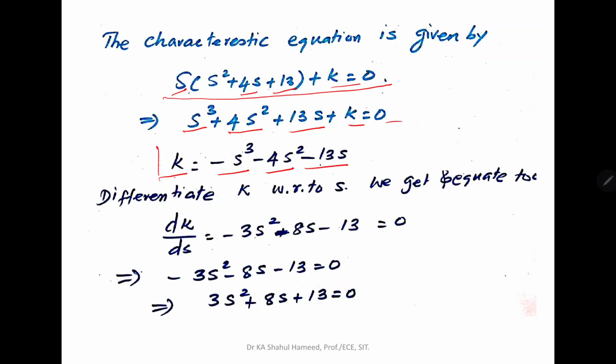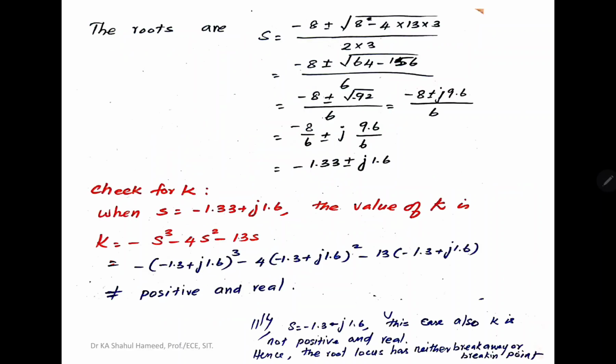Now we are going to differentiate this equation with respect to s. So we get dk by ds is equal to, when you are differentiating, minus 3s square minus 2 into 4, 8s minus 13 is equal to 0. Now we are multiplying minus both sides, you get 3s square plus 8s plus 13 is equal to 0. Now we have to find the roots of the characteristic equation.